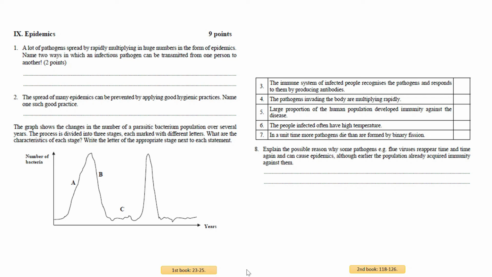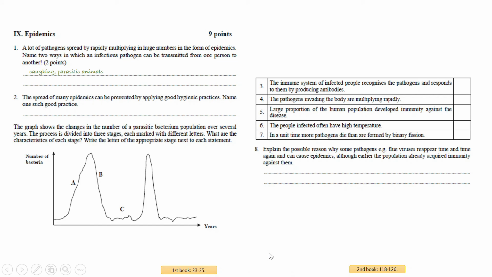You can also think about sexually transmitted diseases or the usage of infected needles, and parasitic animals can also transmit diseases. The exercise is asking us to name 2 ways, so I just write here coughing and parasitic animals.